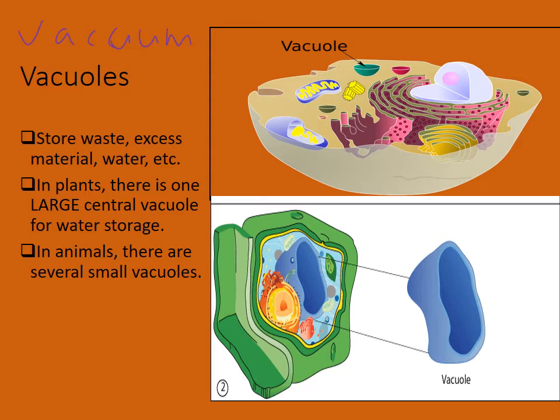In plants, there's a larger vacuole than in animals, because this is an animal vacuole, and that's a plant vacuole. The central vacuole in a plant is one of the most distinguishing parts of a plant cell from an animal cell. In animals, there are smaller ones because it doesn't need a large one. I think this serves an evolutionary or survival reason: plants do not move around to search for water.